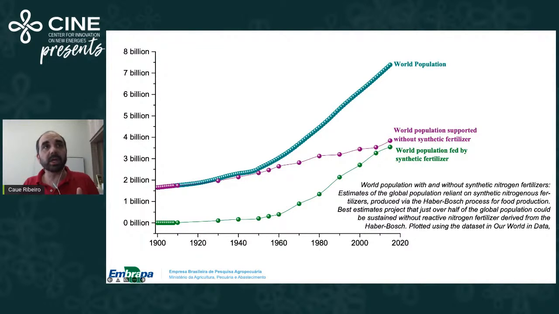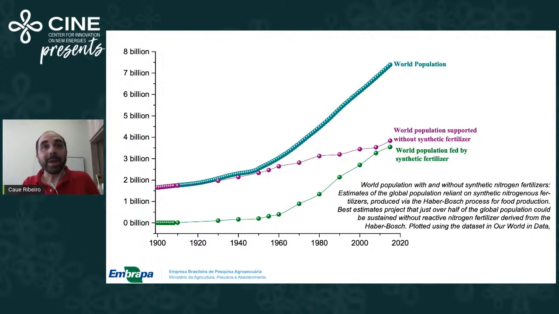Almost 50% of the human population in the world today is supported by the utilization of these synthetic fertilizers. So the importance of these fertilizers is really outstanding. We cannot survive without them, at least at the size of the human population we have in the world today.